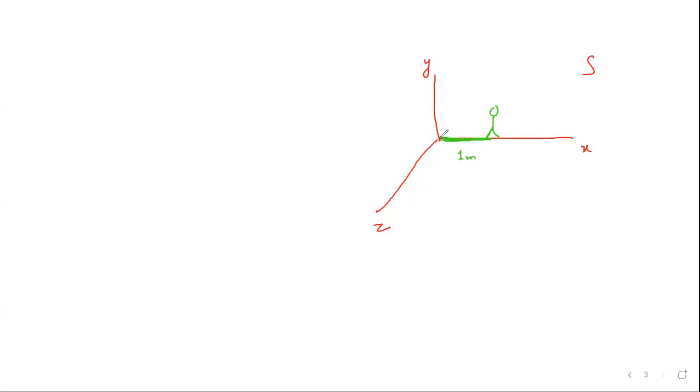And another, so it is its 1 meter rod. Another assistant lays his rod on the y-axis and sits on the end here. And we have another assistant who lays his 1 meter rod on the z-axis like this and sits at the end, right?